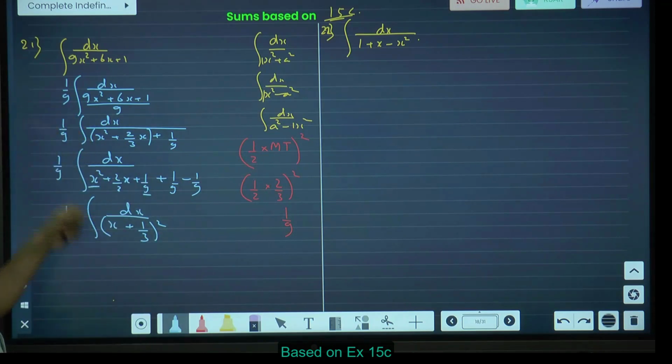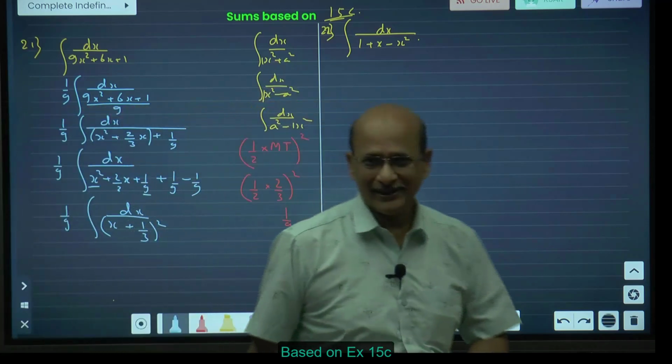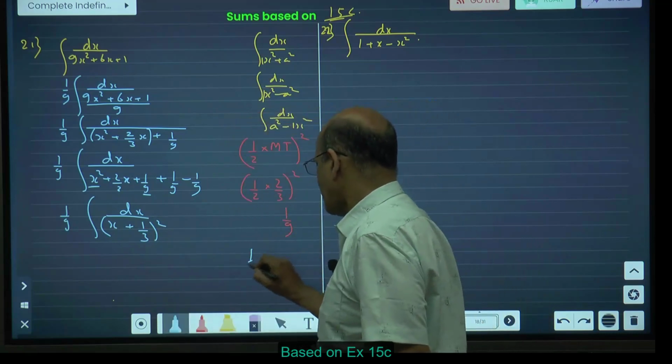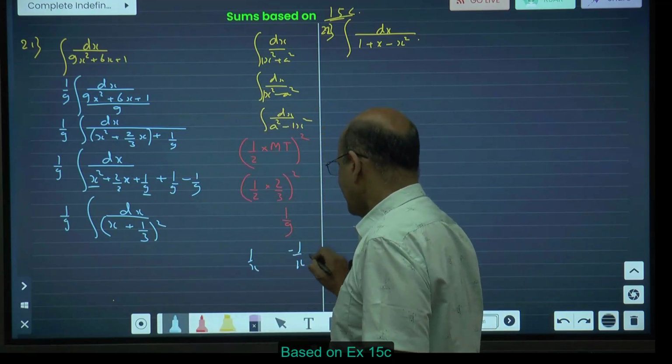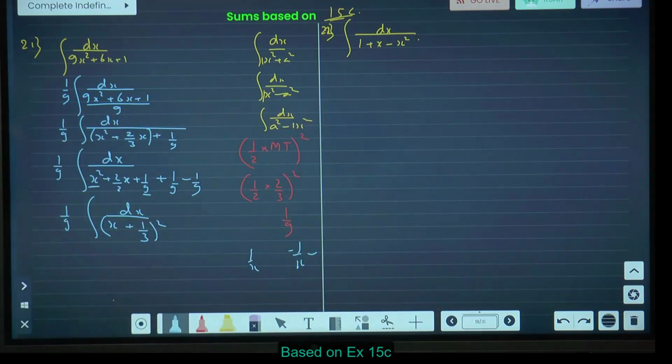So quickly now, everybody knows the integration; of course I did not change to a standard form here, it is a single term. Everybody knows the derivative of 1 upon x is minus 1 by x square. So this is nothing but 1 upon x plus 1 upon 3 square.